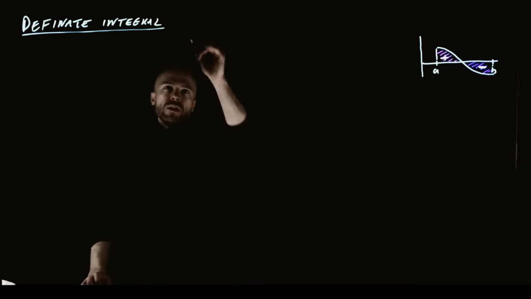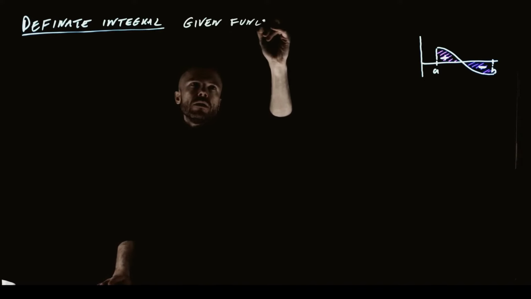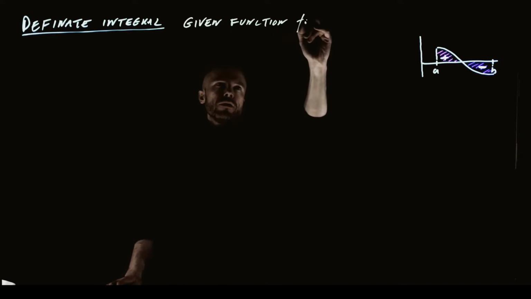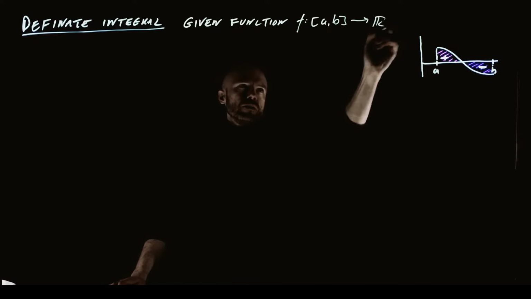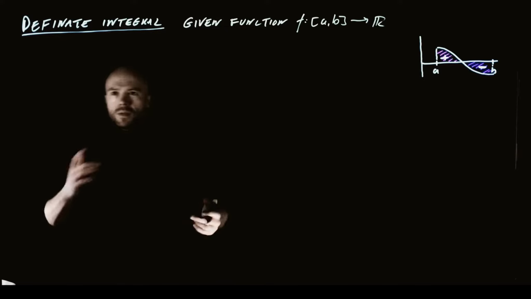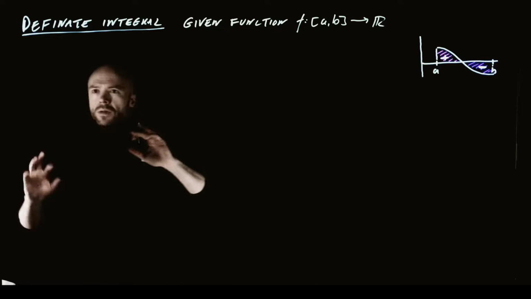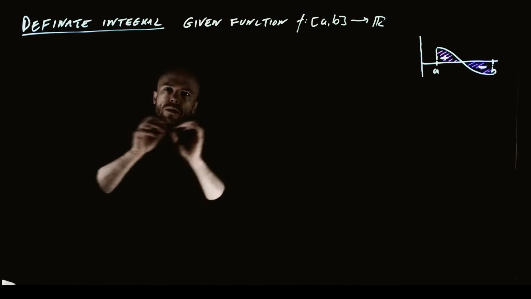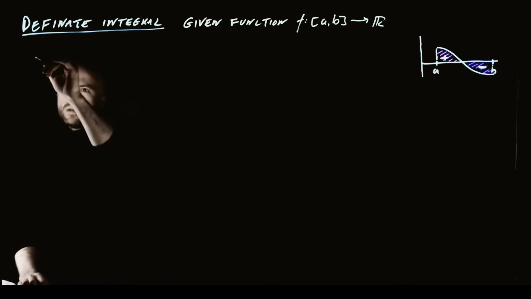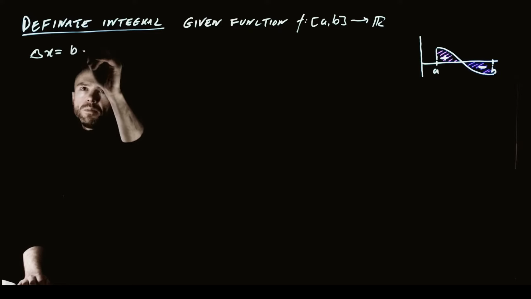So here we go. Given a function f from [a, b] into the real numbers, not necessarily positive, what we're going to do to get this definite integral is cut up this [a, b] into n little equal-sized intervals. We let delta x be the length of each one, just as before, so it's (b minus a) over n.